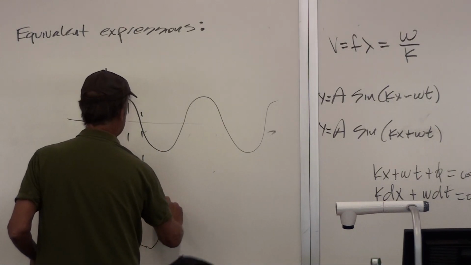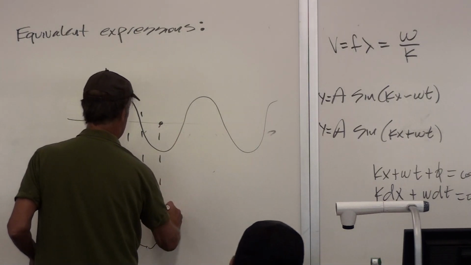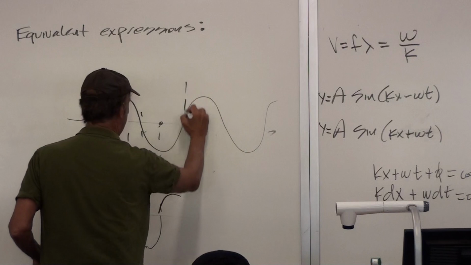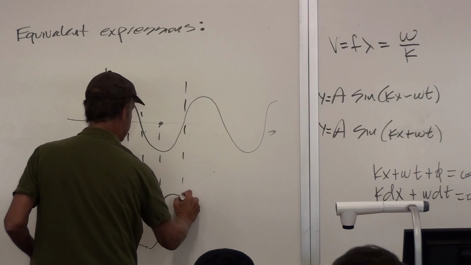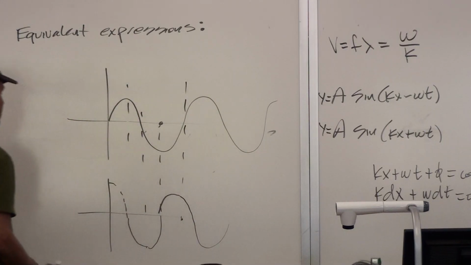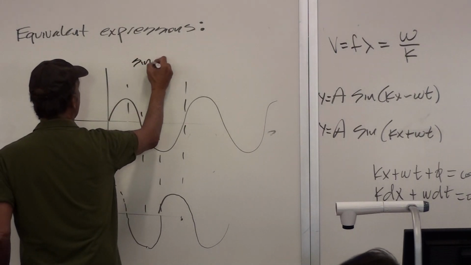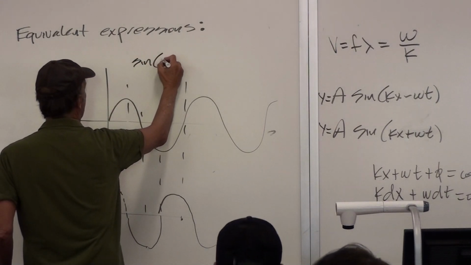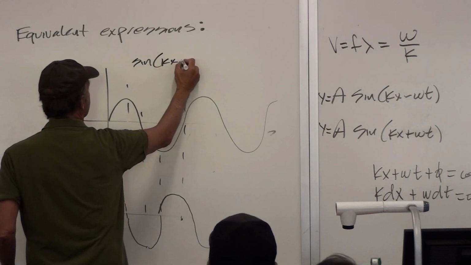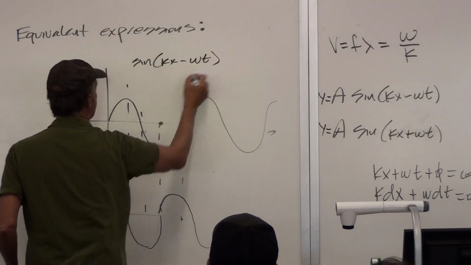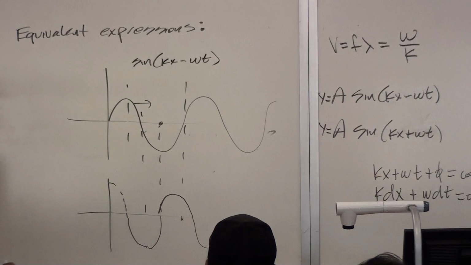Then it goes back to 0 here, then back to maximum positive there, etc. So we could write this then as the sine, let's say, of kx minus omega t. We could say, well, this wave is moving along. But what if we've got that wave?